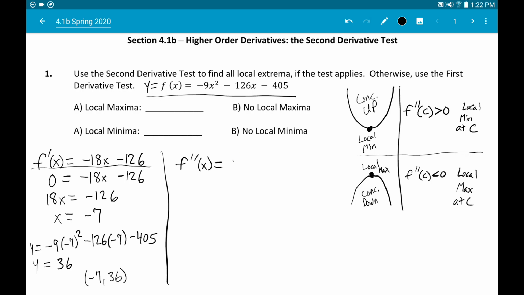Derivative of that would be negative 18. Plug in your critical value c, which in our case is negative 7. If we plug in negative 7 for x, we still get negative 18, which is negative. So we've got the bottom situation down here. It's negative, less than 0, so we've got a local max at c.